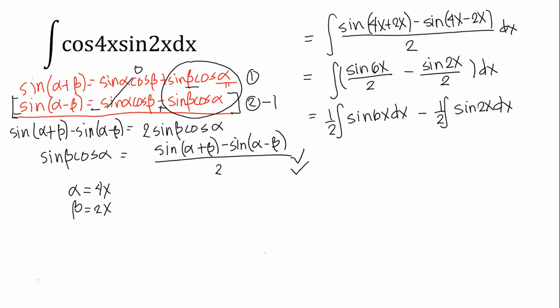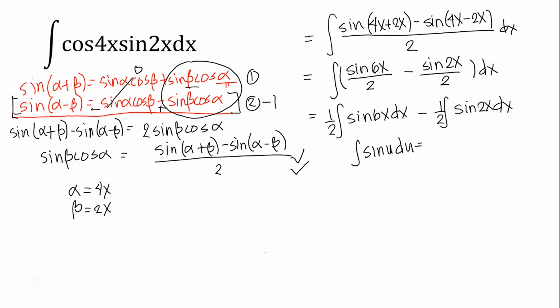We can now use the integration rule of trigonometric function, that sine u du is equal to negative cosine u plus c, where our u is equal to 6x and du is equal to 6dx. And on the other side, we have u equal to 2x, then du is 2dx. Okay?